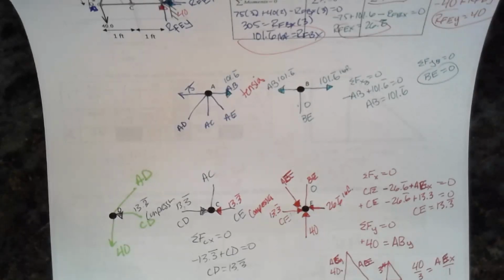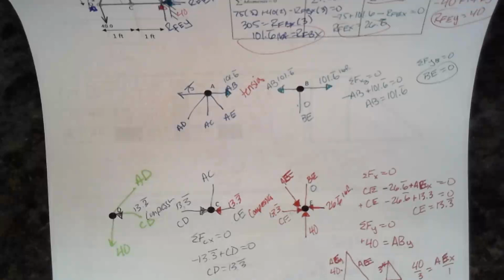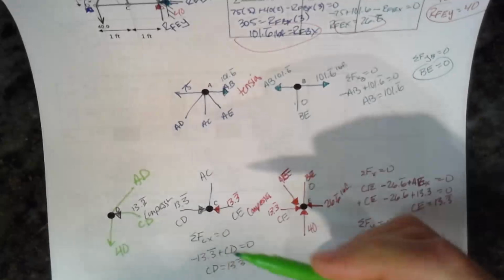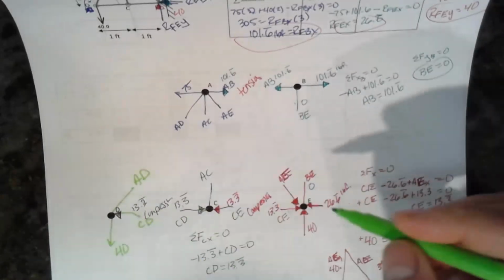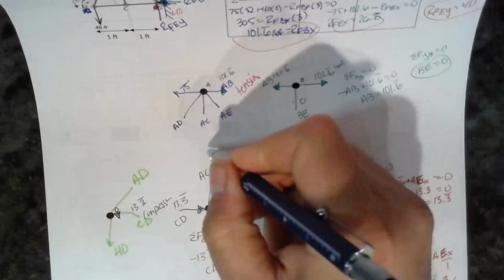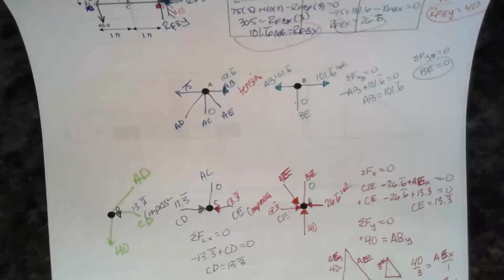All right, sorry about that. So we know we're over here. We know CD is in compression. So now we know CD, we know AC is 0. I forgot to write that down. So 0 is neither compression nor tension.